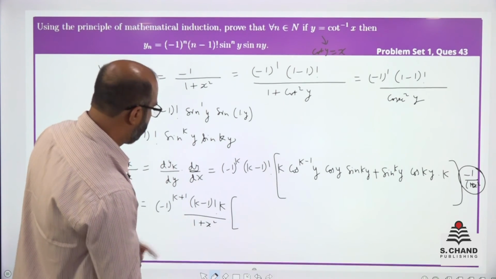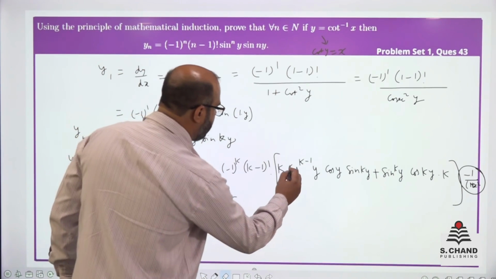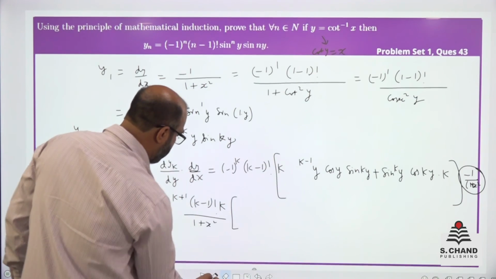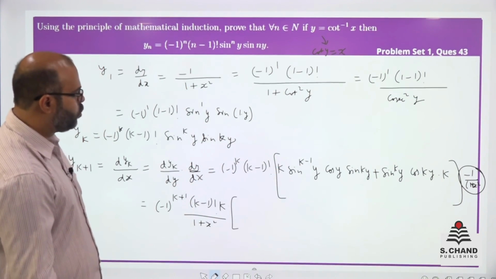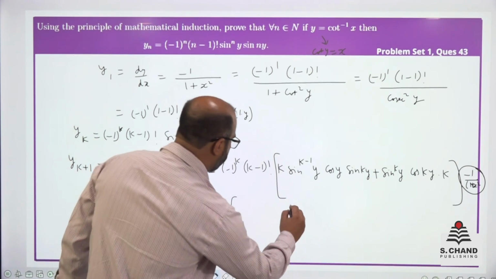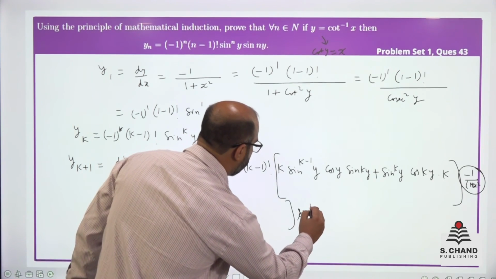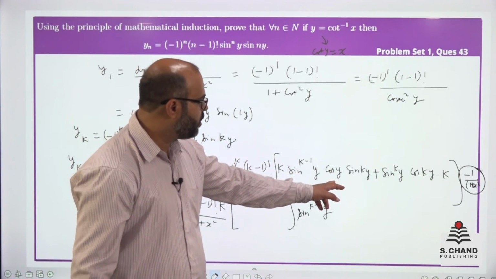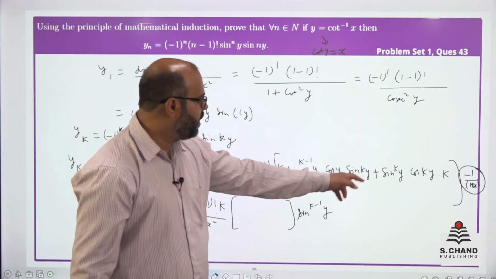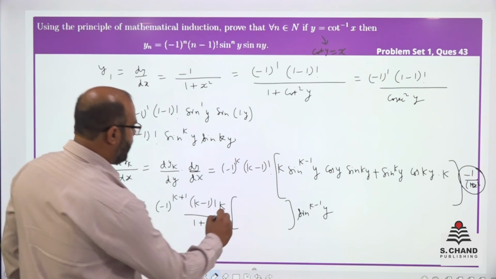Oh, sorry, I did a careless mistake here. This is sin k minus 1 y into cos y sin ky. So sin to the power k minus 1 y is common. Rest remaining is sin ky cos y plus cos ky sin y. So that is sin k plus 1 y.